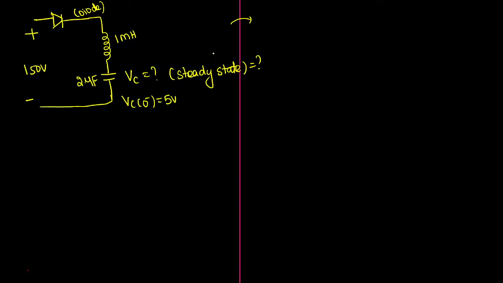See, the moment we connect an LC circuit with the DC supply through a diode, what will happen? Okay, I'm accepting 290. It's fine.